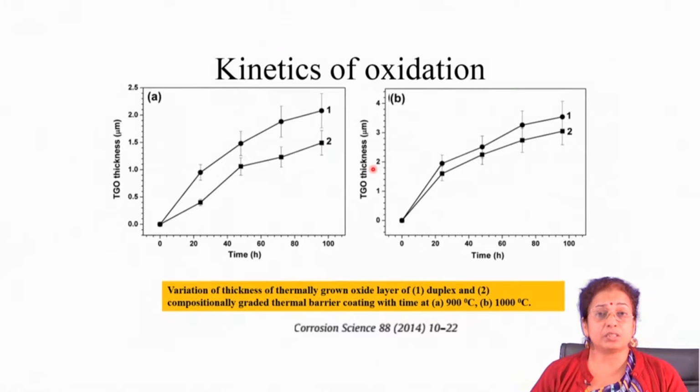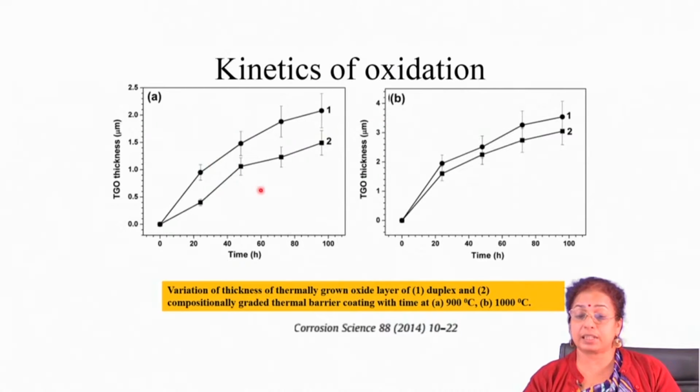So, if you measure the kinetics of oxidation for monolithic or duplex coating and for graded coating, you will find that the kinetics of oxidation is much lower in the graded coating as compared to the duplex coating, for both oxidation temperatures, 900 degree as well as 1000 degree.